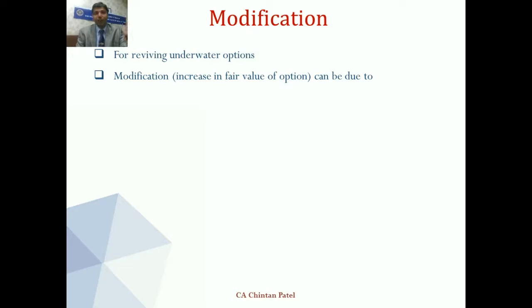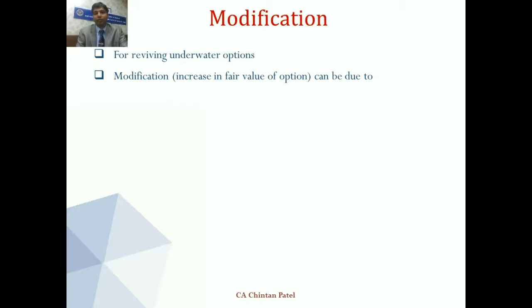When the ESOP scheme was issued to the employees, the market price of the share was 50 rupees and the exercise price was ₹10. So it was advantageous and beneficial for the employees to get the ESOP. Over a period, the company's share price has reduced from 50 rupees to 5 rupees.